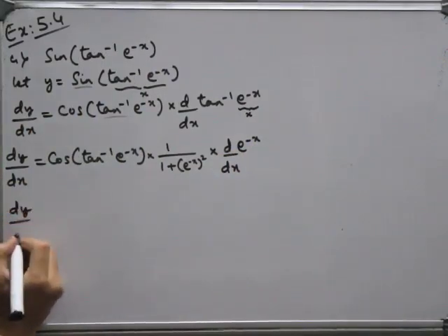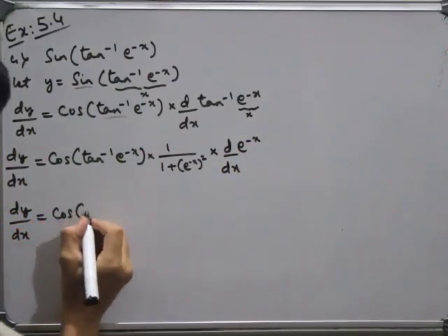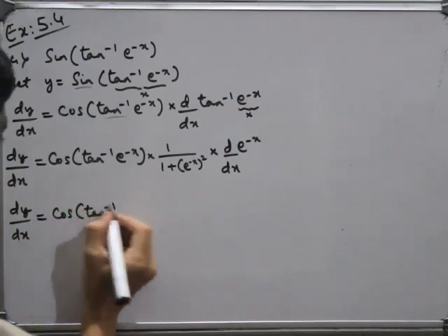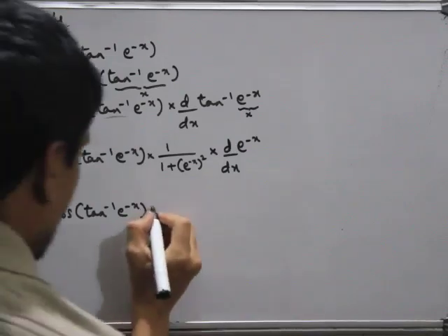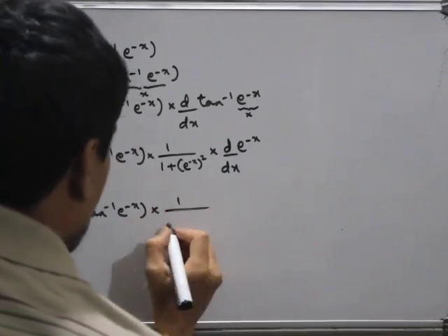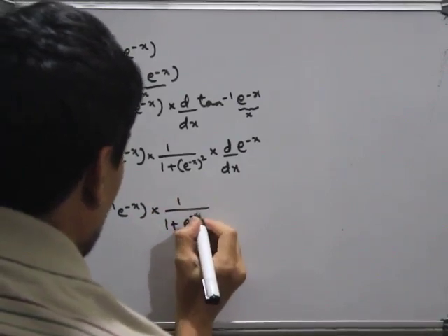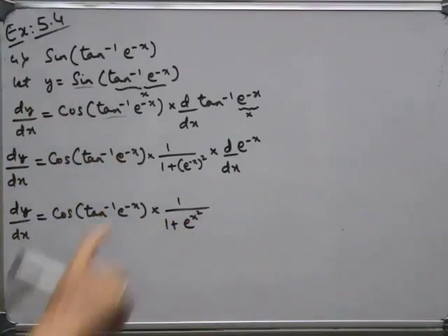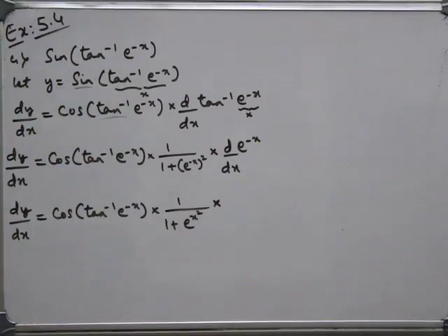So dy by dx is equal to cos of tan inverse of e to the power of minus x into 1 by 1 plus e to the power of minus x whole square, into differentiation of e to the power of minus x.